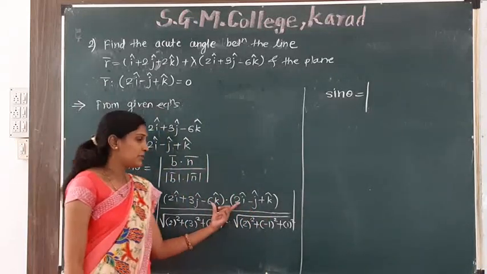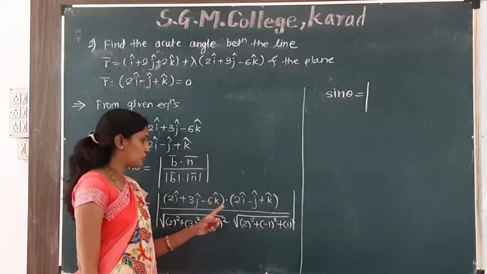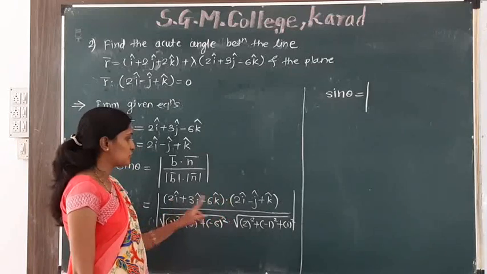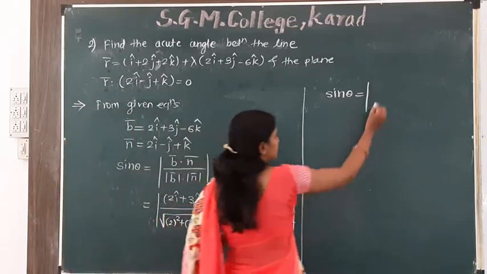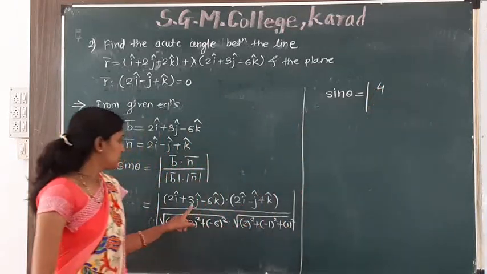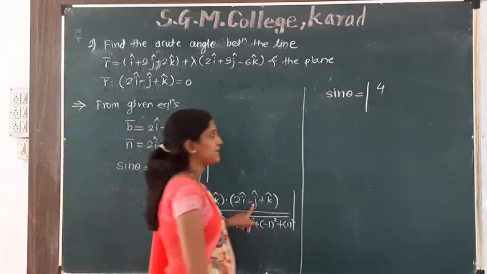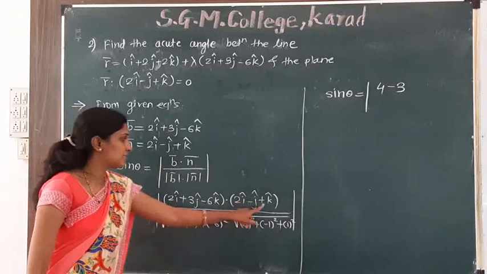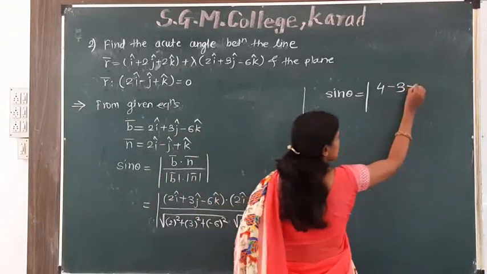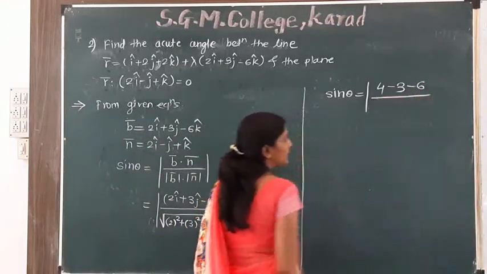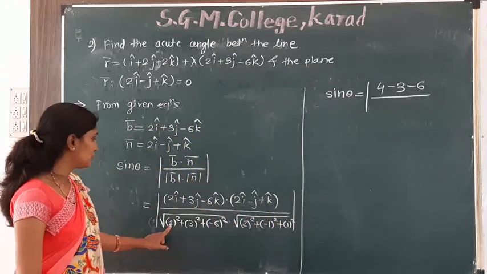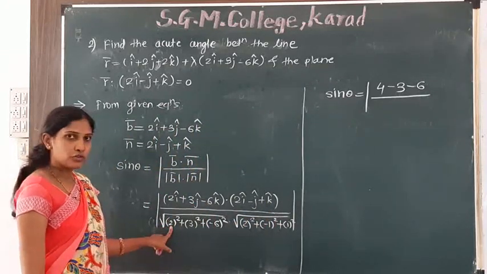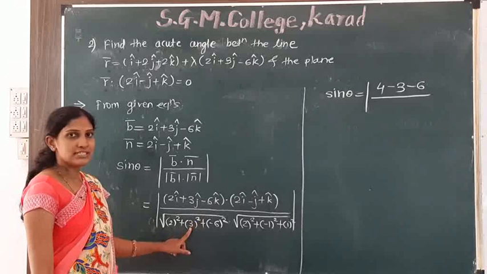Firstly, we have to make a multiplication, that is the dot product of coefficients. 2 into 2, 4. 3 into minus 1, minus 3. Minus 6 into 1, minus 6. Divided by, now root. 2 square, which is 4. 3 square, which is 9.